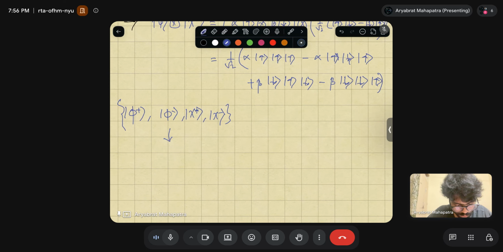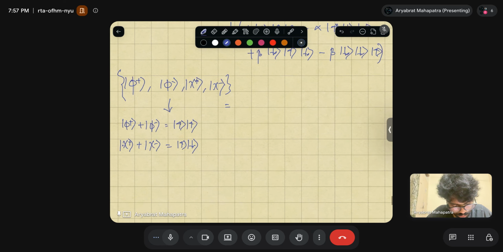For example, if I do phi plus plus phi minus, I would get this upstate. And if I do chi plus plus chi minus, I would get upstate with downstate. So this will help you to rewrite this entire thing.